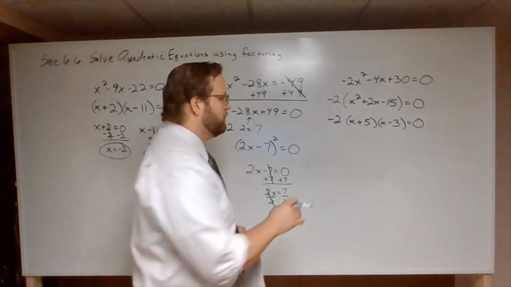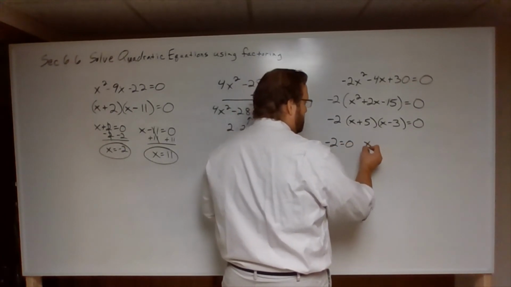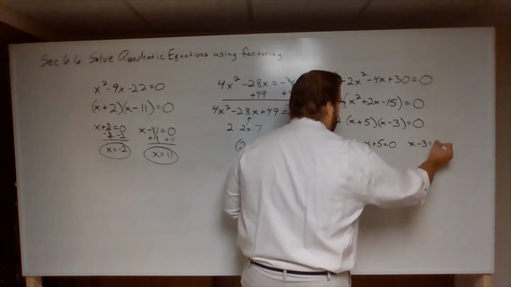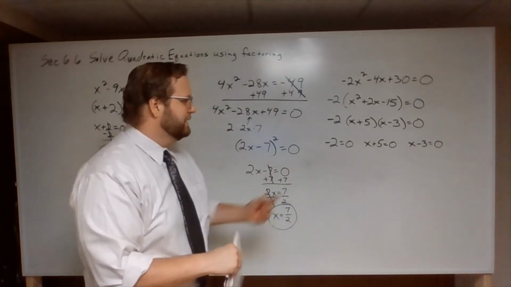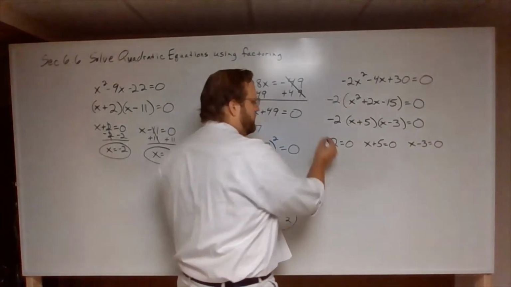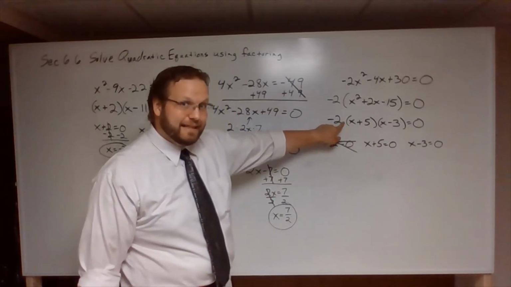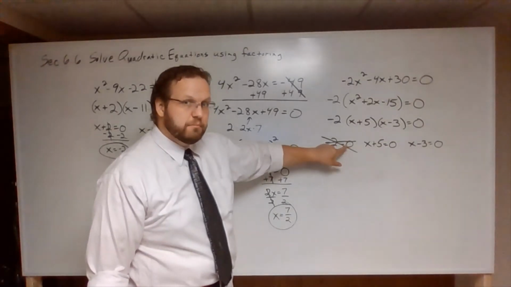Now, one thing I want to point out here, I have this as a factor, this, and this. Now, notice this constant GCF that I took out, negative 2 equals 0, that's never going to equal 0. So that just gets tossed. Now, if there was an x on that, and I had a negative 2x equals 0, that can be solved.